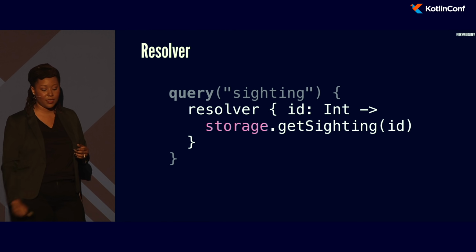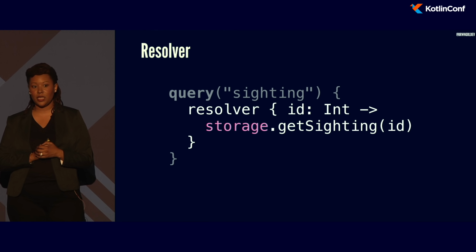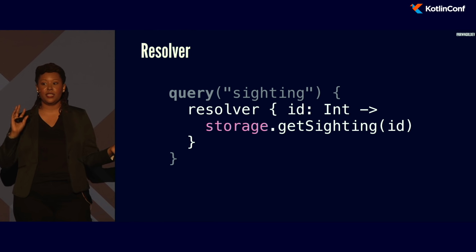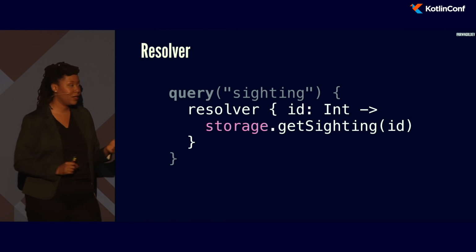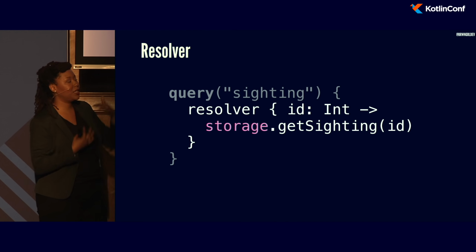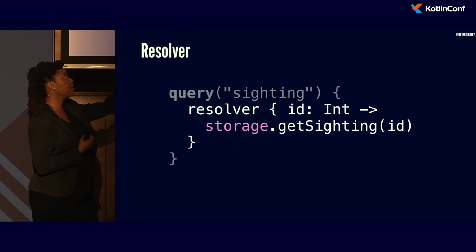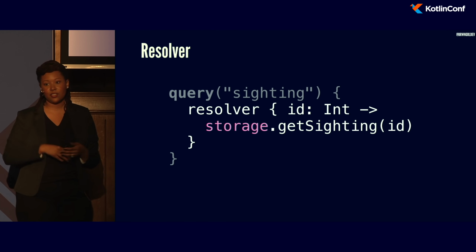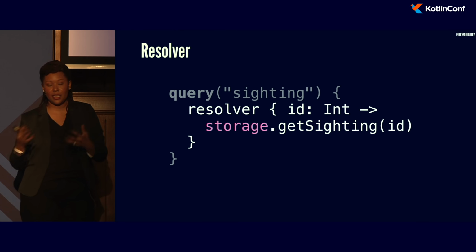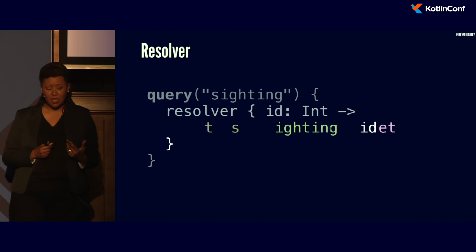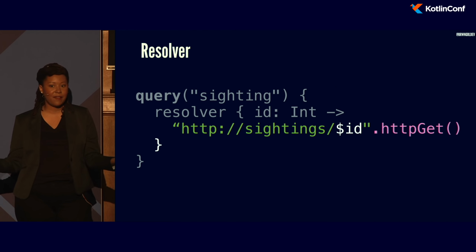Okay. So you can think of a resolver as the map between GraphQL world and your application domain. So in this case, let's say I want to get a UFO sighting and I have it stored in my database. Then I can just make a call to my database and get back the record. But I could also not even have a database.